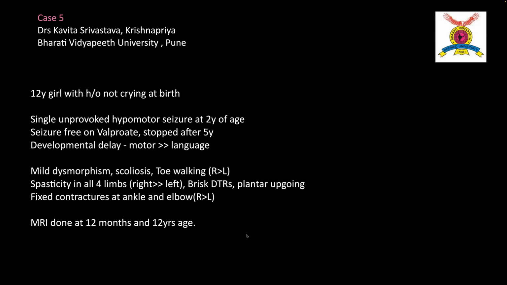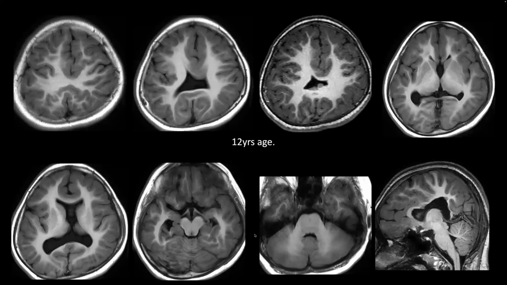An MRI was done as part of evaluation for a surgery. I have two sets of MRI because the changes are the same. I have put in the second MRI at 12 years of age. You can appreciate that there is a degree of holoprosencephaly. In the posterior frontal regions and the parietal lobes, there's no separation. Coming down more posteriorly, the ventricles are dysplastic.